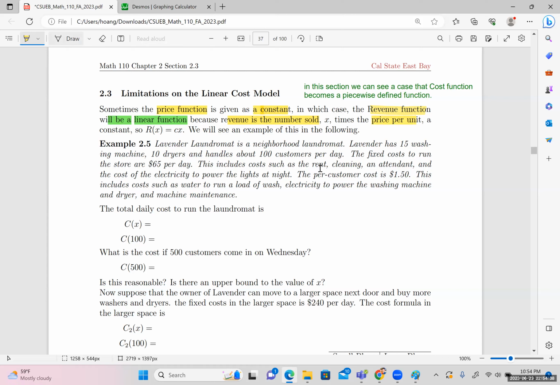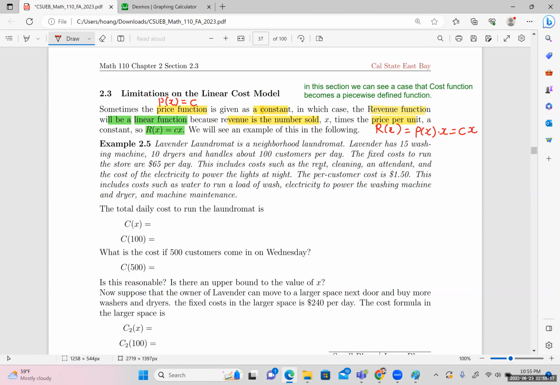So you can see that it will be just a constant multiplied by x, because the constant number was the price. So I write here p of x equal to a constant, and then you come up with revenue equal to p of x times x, which can be rewritten as c times x.